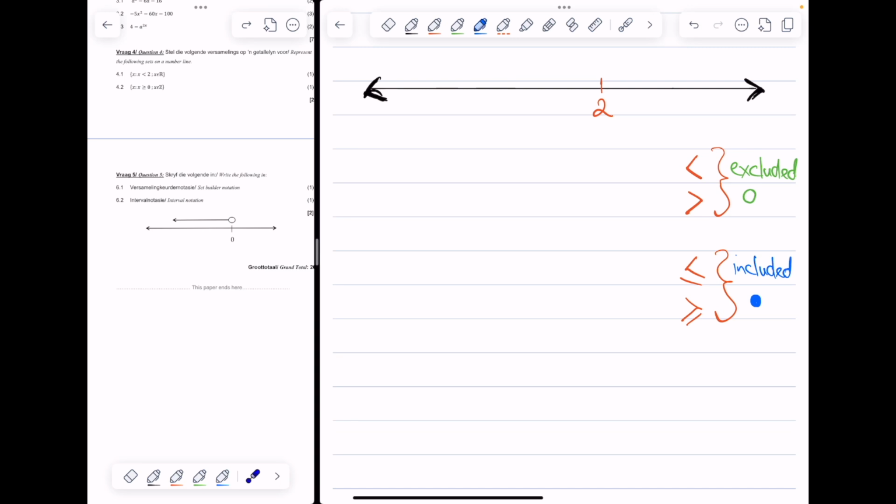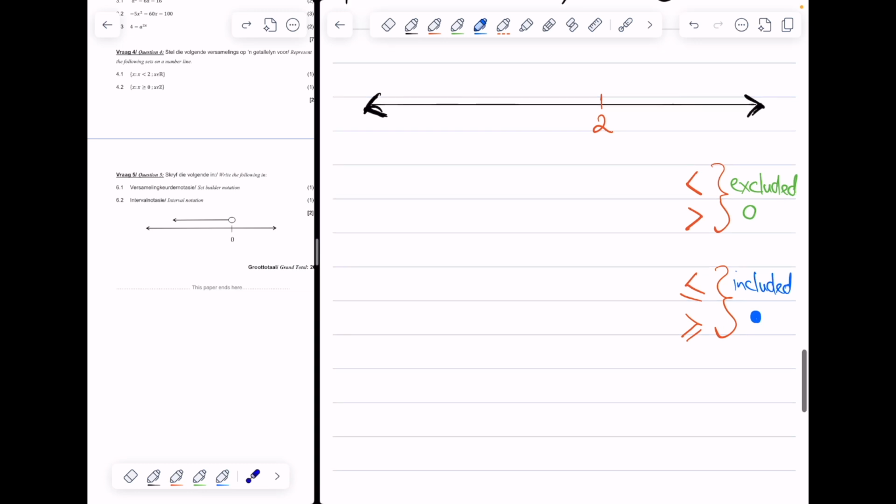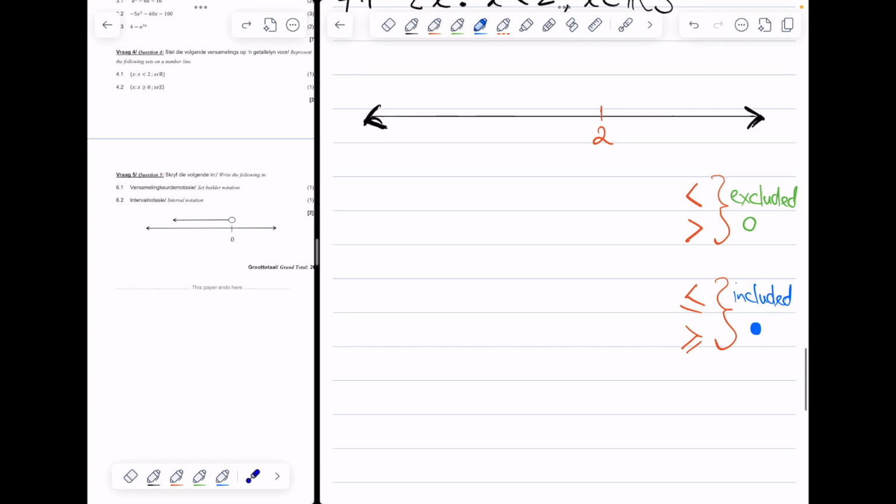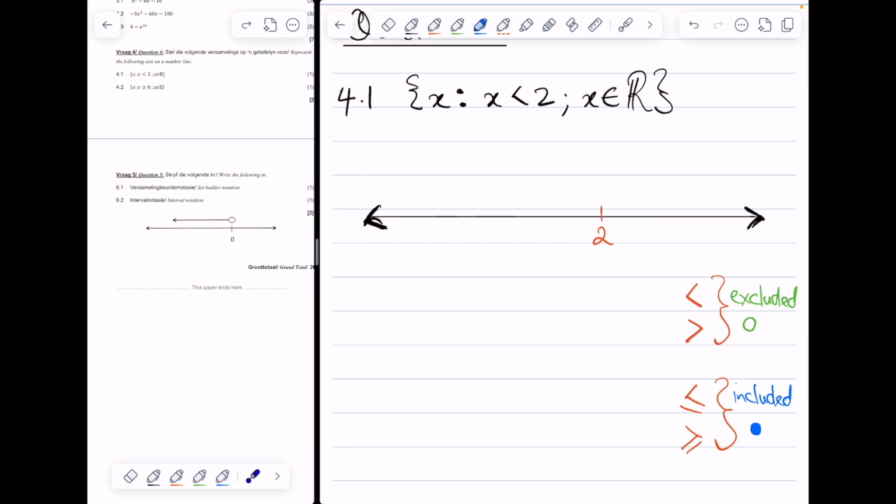So less than or equal to and greater than or equal to are included, and less than and greater than are excluded, open circle.